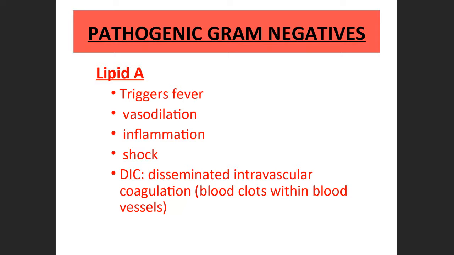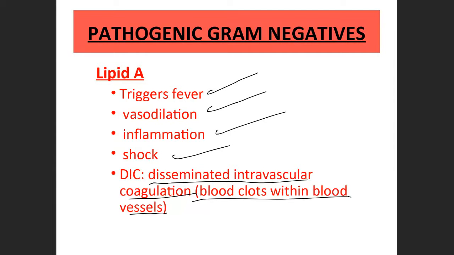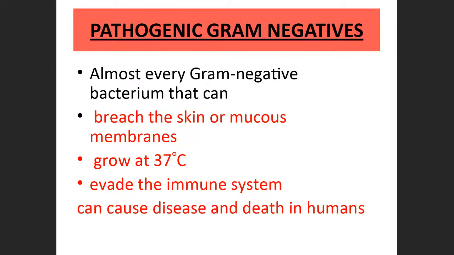So lipid A is a pyrogen, dilates blood vessels, which will cause low blood pressure, causes inflammation, shock, disseminated intravascular coagulation, so clots. So any gram-negative that can breach the skin or mucous membranes and can grow at 37 degrees centigrade and can evade the immune system can cause disease in humans.